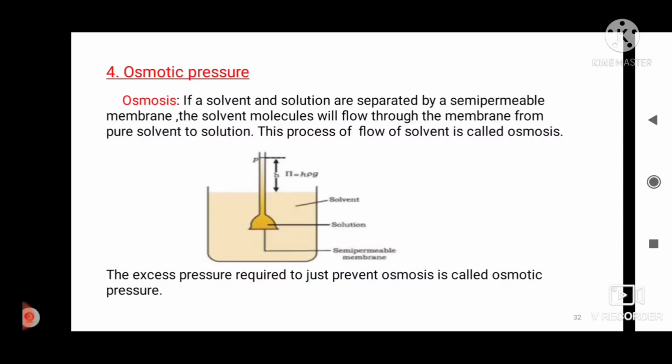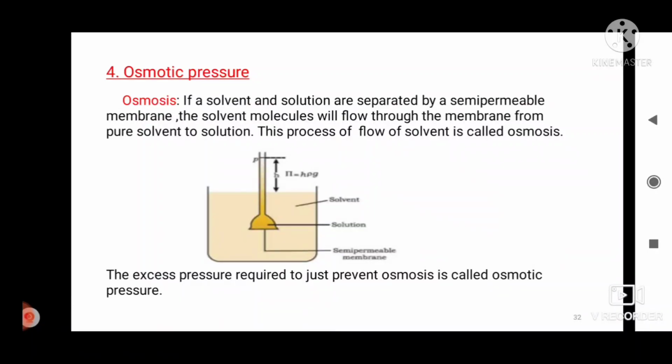The flow of solvent molecules through the membrane from pure solvent to the solution will continue till equilibrium is attained. The flow of the solvent from its side to the solution side across a semi-permeable membrane can be stopped if some extra pressure is applied on the solution.